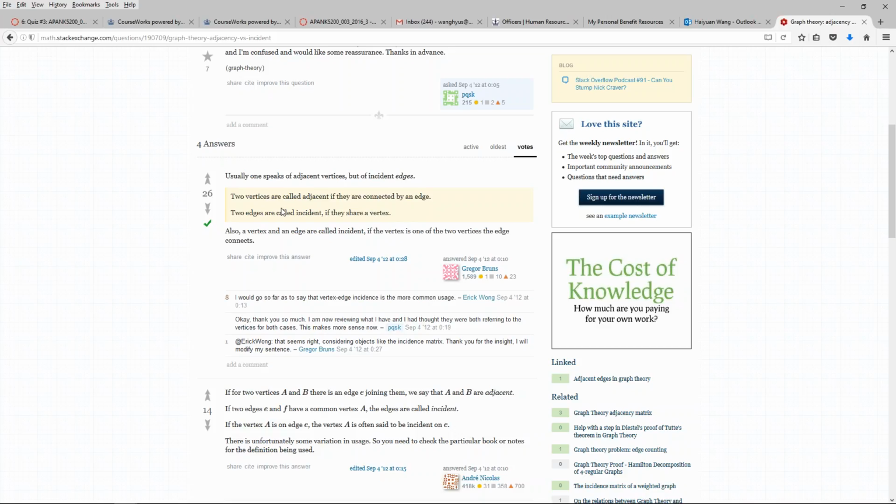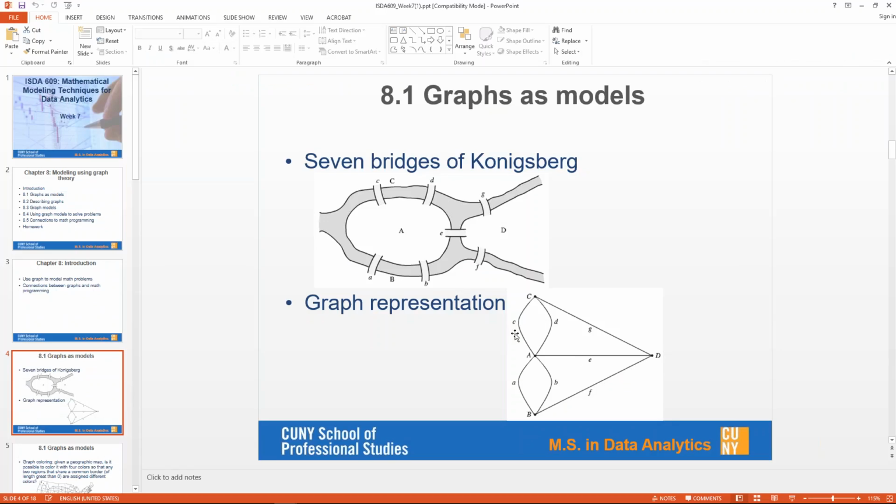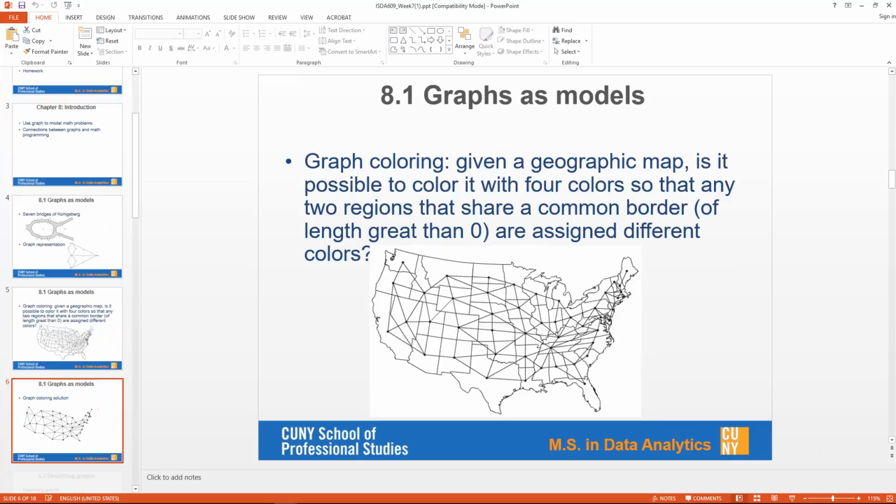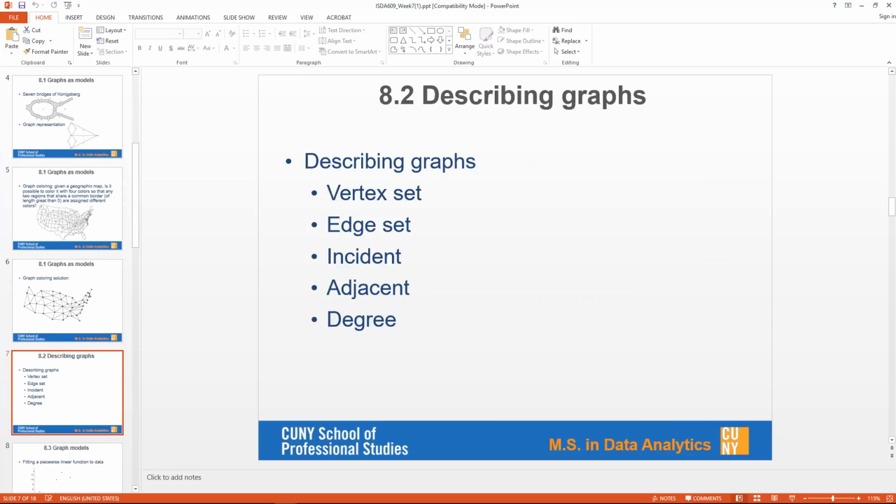Okay, here is the story. Two vertices are called adjacent if they are connected by an edge, but two edges are called incident if they share a vertex. So in this case, we see that c and d are incident with each other, and the majority of the time we also say that edges c and d are incident to node C. So that's the adjacency and incident. Beyond that, we have this concept of degree.